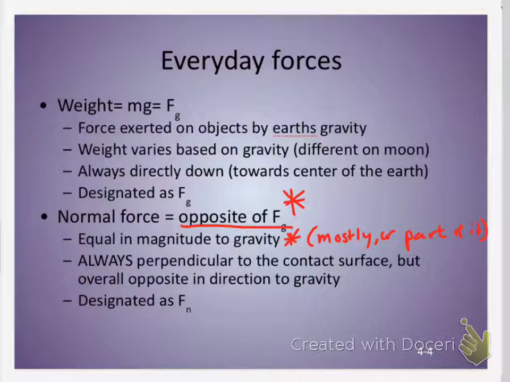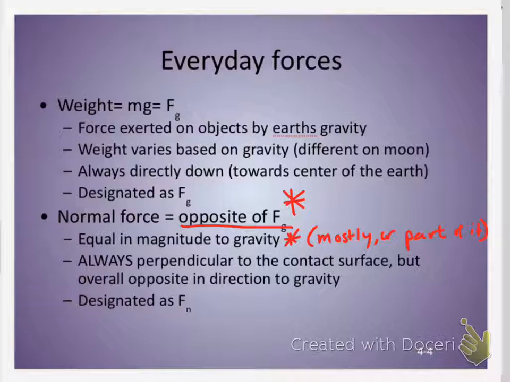So it's generally, we should say, instead of opposite of gravity, it's generally in opposition to gravity. So not necessarily opposite, but always in opposition. And it's not always equal in magnitude to gravity, but it's often equal in magnitude to gravity, or at least part of gravity. Okay? It counters gravity.